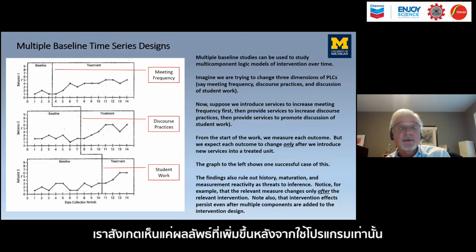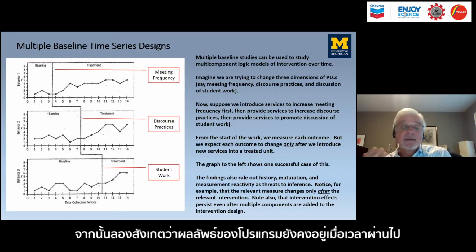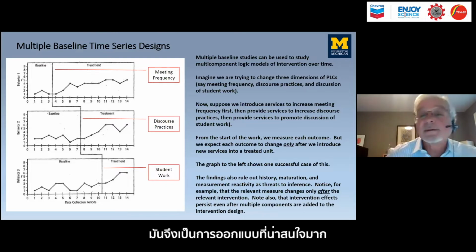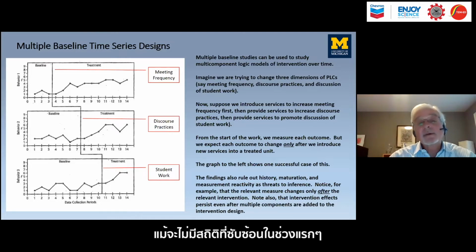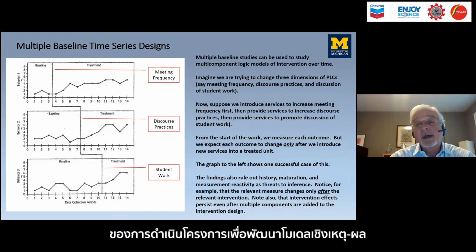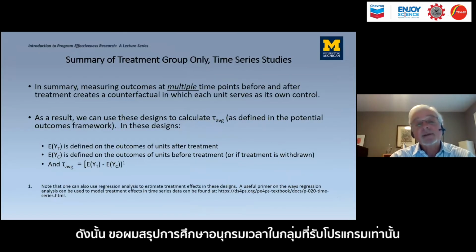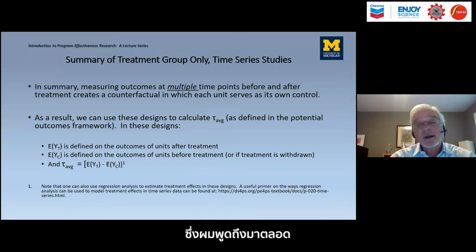We only observe an outcome going up after the intervention is applied. And then notice that the intervention outcomes seem to persist over time. So this is a very interesting design. I think it's one that's really well worth using, even without complex statistics at the early points of intervention, to develop a logic model.